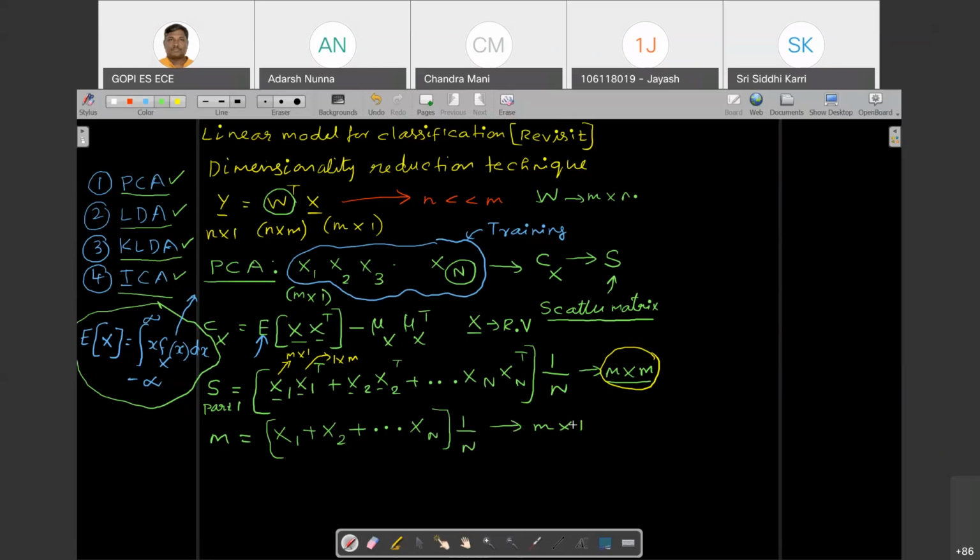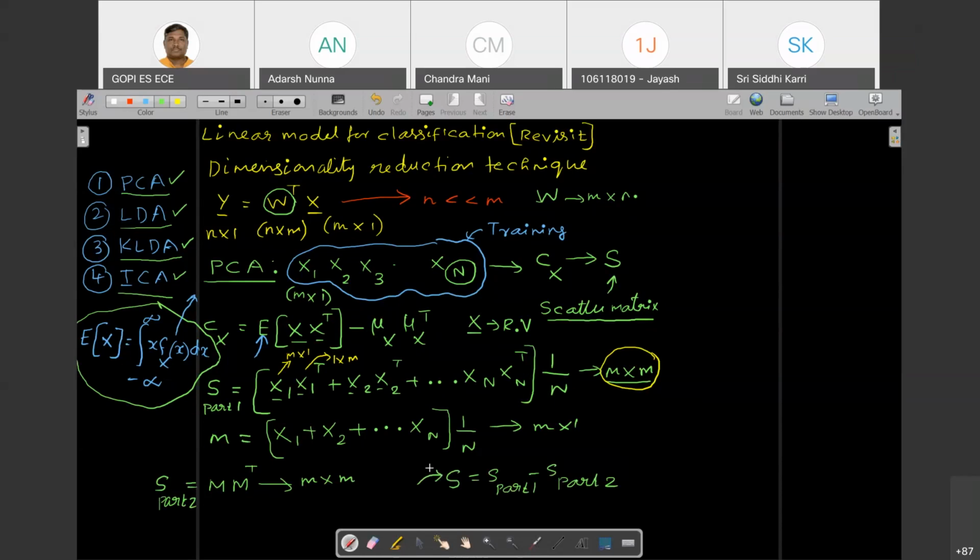Then we take m transpose, so the size becomes m cross m. This one we call S part 2. We compute S as S part 1 minus S part 2. So this is basically the estimate.